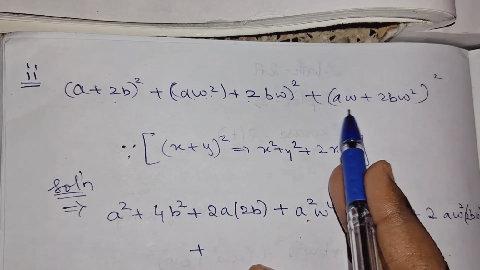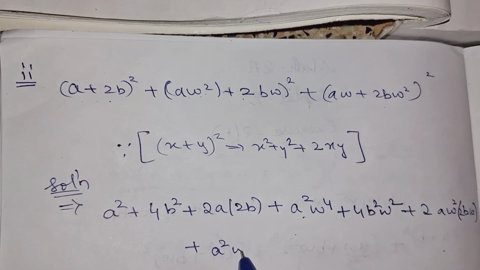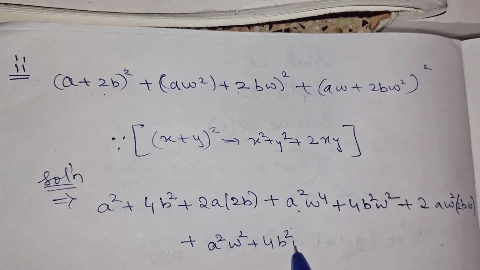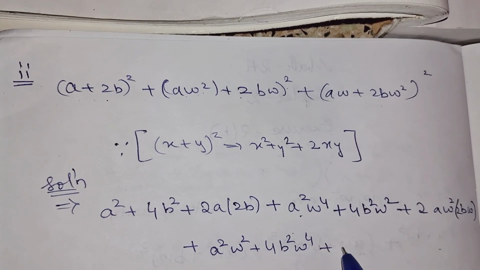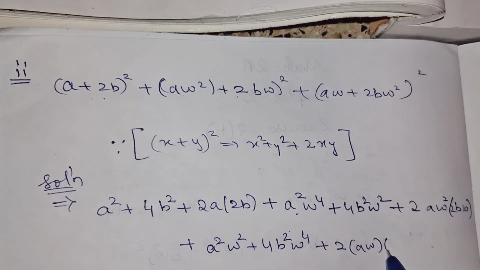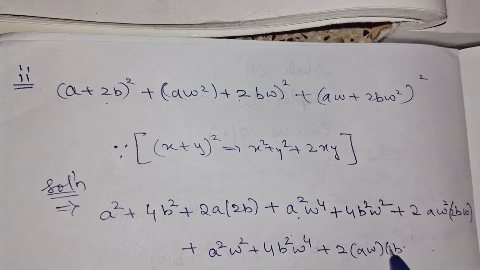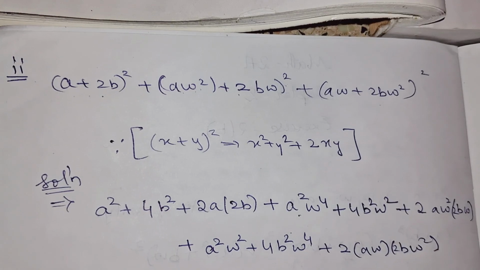Then this term, if I expand, I will get a square omega square plus 4b square omega 4 plus 2a omega b, 2b omega square.